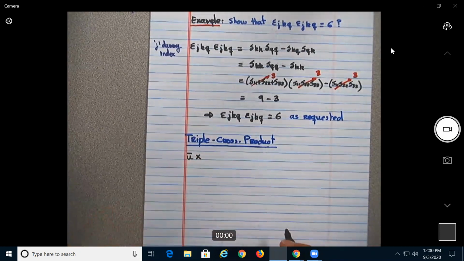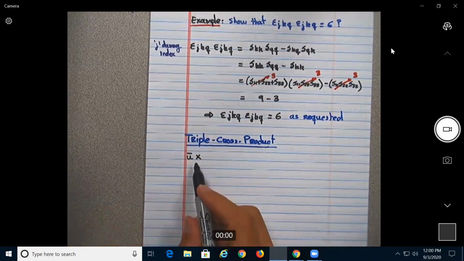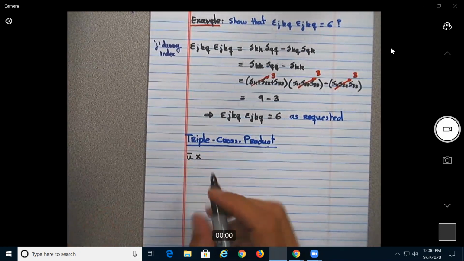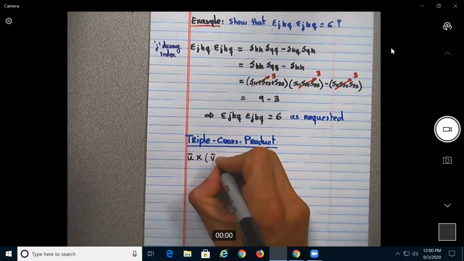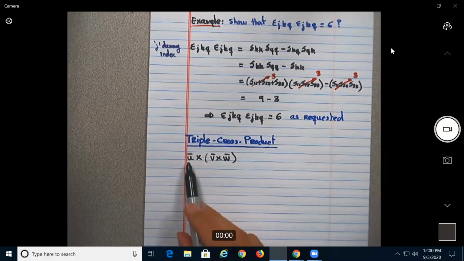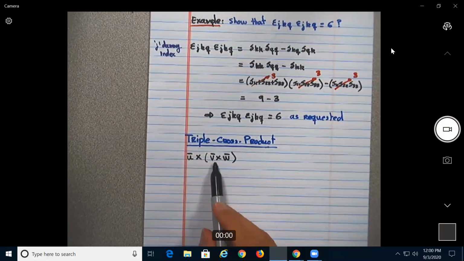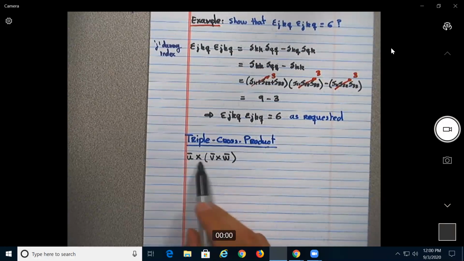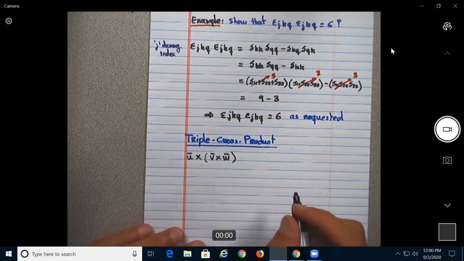And it's practice, anyway. So what is the triple cross product? Remember, when you do the cross product, it's important to know which one you need to do first, no? So let's say we do this one here. If you put the parentheses before U and V, it is not equal to this one, because you change the order in which you do the operation and the result will be different. So here the parentheses are important.